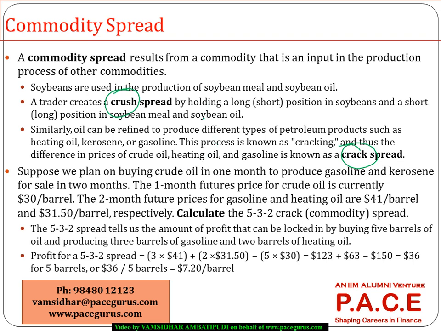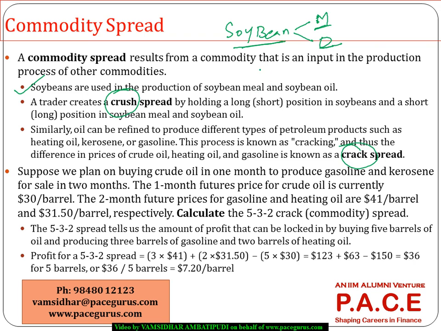Let's say this is the relationship: soya bean as a raw material is used to produce two other products, soya bean meal as well as soya bean oil. Now what we are saying is, these three are traded in the market. The input as well as the two outputs, they are all traded in the market, right?